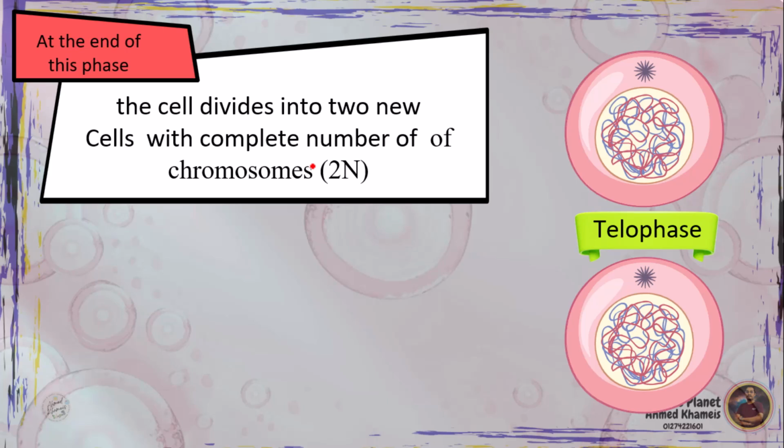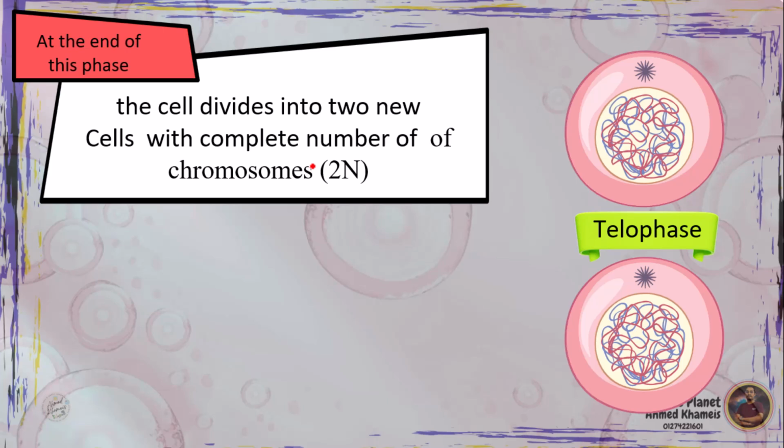Then the cell enters the phase called metaphase, where all the chromosomes arrange at the cell equator. Then the anaphase, in which the centromere splits, and two separate chromatids appear, and the spindle fibers start to shrink, pulling each chromatid to the cell pole.